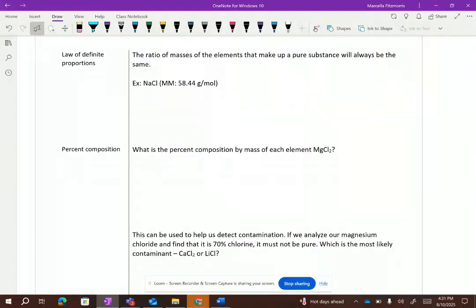Now, the law of definite proportions says that in any pure substance, whether that's an ionic compound or a molecule, the ratio of the masses of that element will always be the same. So, for example, for NaCl, that 1-to-1 ratio that we have here, the mass of Na is 22.99.